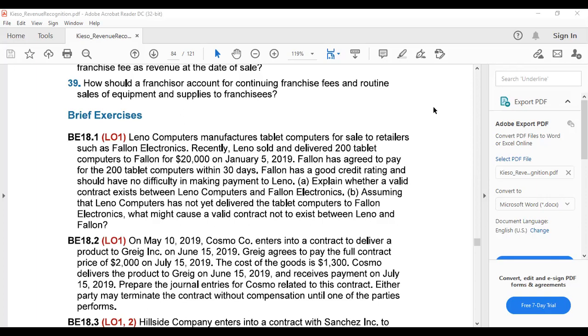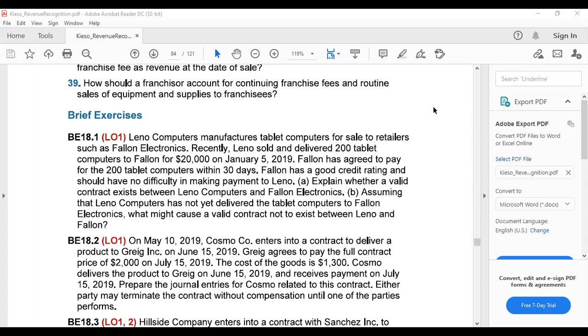That is 20,000 within 30 days. And we believe that Fallon has a good credit rating. So Lino believes the company can collect the amount.